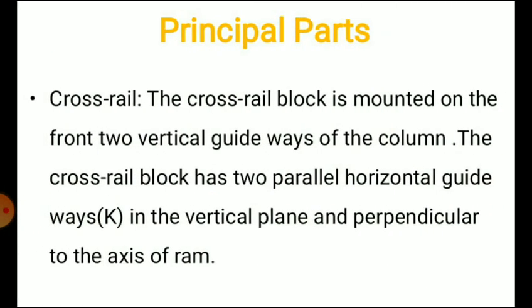Next part is the cross rail. The cross rail block is mounted on the front two vertical guideways of the column.